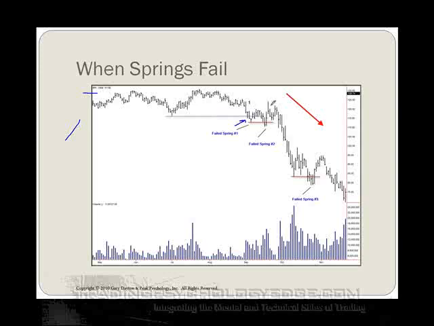This is an example where we have an inability to rally away from the danger point. We spring here, right? We get what might be an okay spring, and then we can't get away from it, and we start to go down. It's hugging the lows. That's a way to think about it.